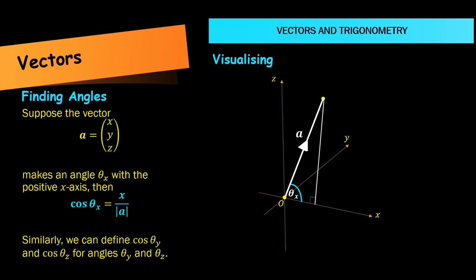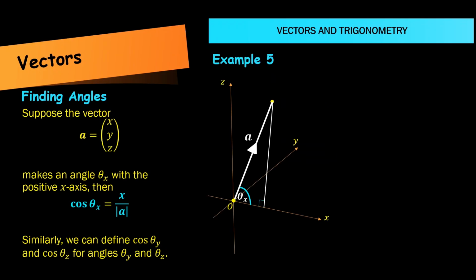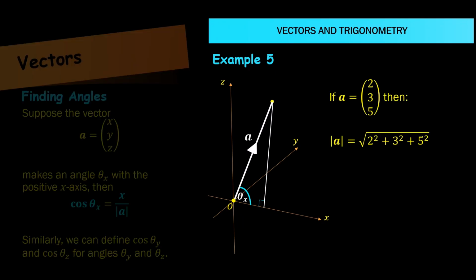Let's take a look at an example. If a equals (2, 3, 5), then we have that mod a equals, from Pythagoras, the square root of 2 squared plus 3 squared plus 5 squared, which equals the square root of 34.